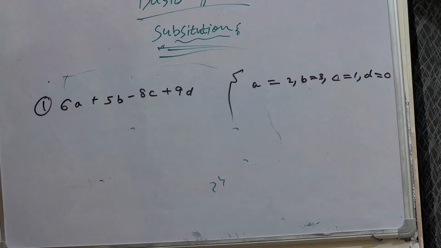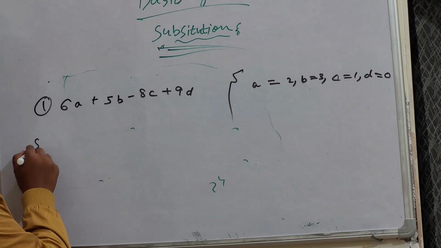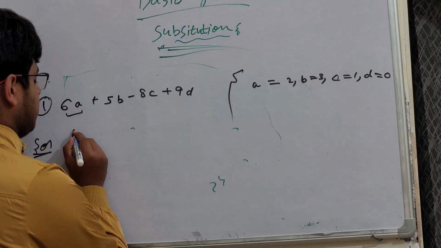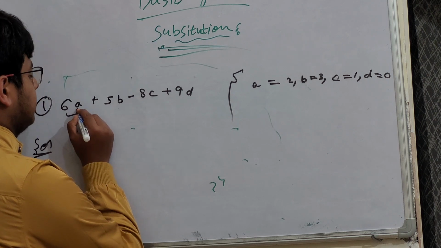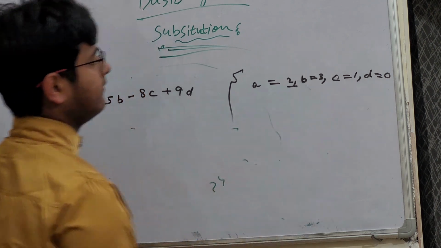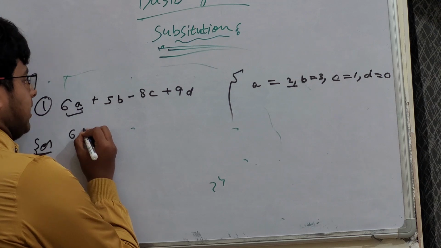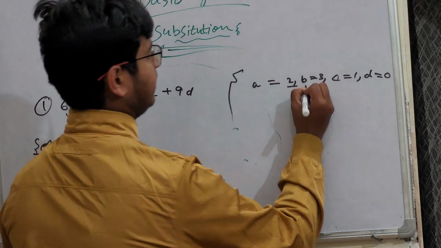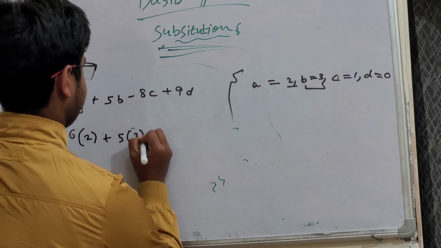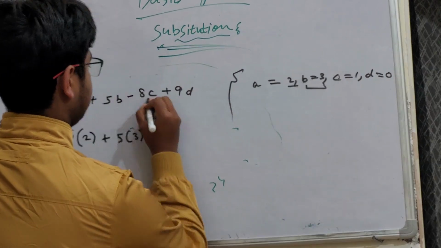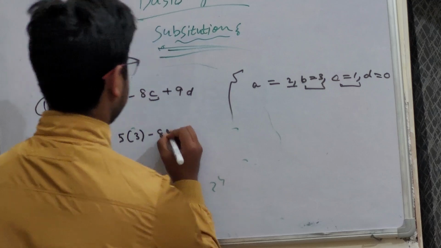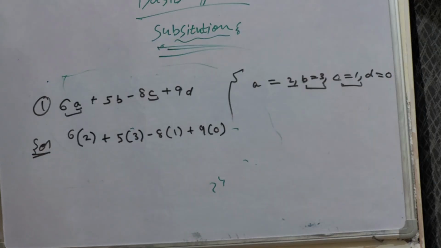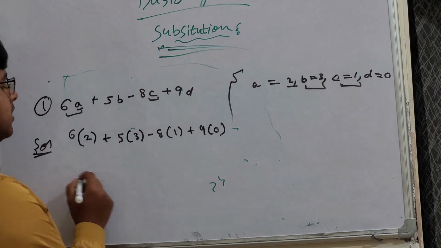We just have to substitute these values. For 6a, you put 2 in place of a. Then plus 5b, where b is 3. Then minus 8c, where c is 1, you put 1, plus 9d, where d is 0. You have to substitute like this.